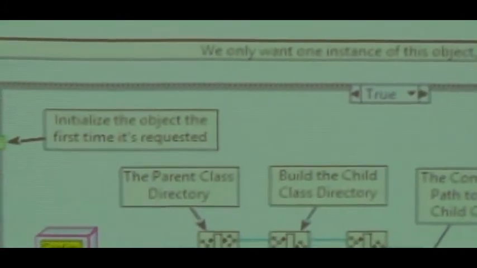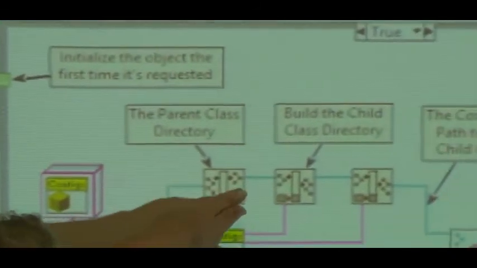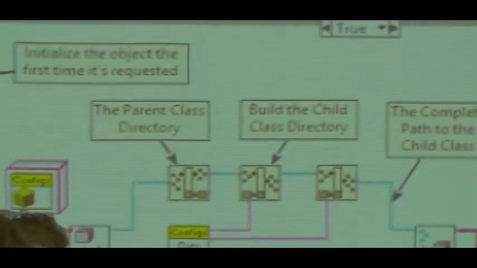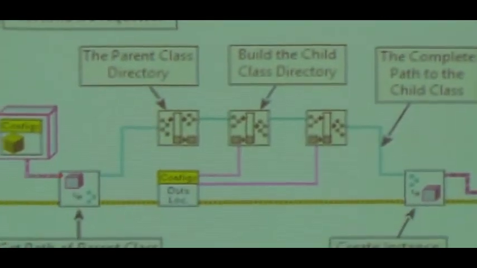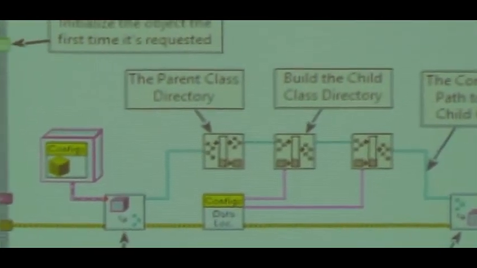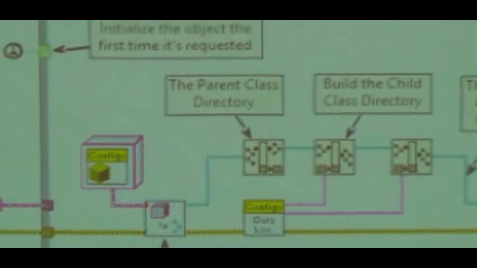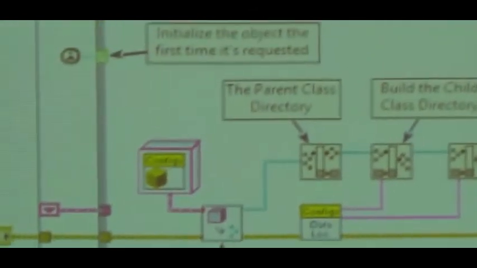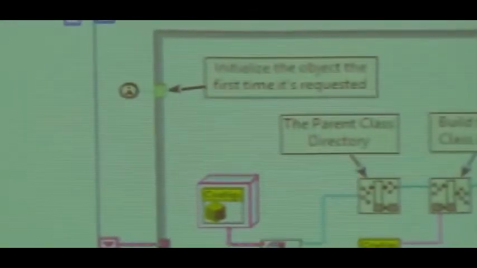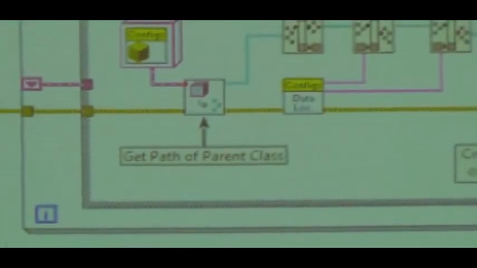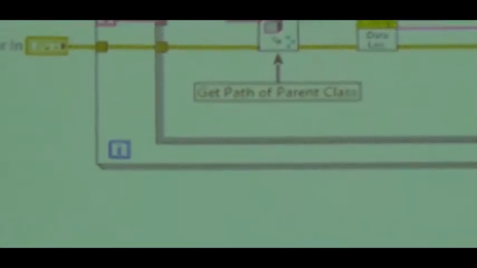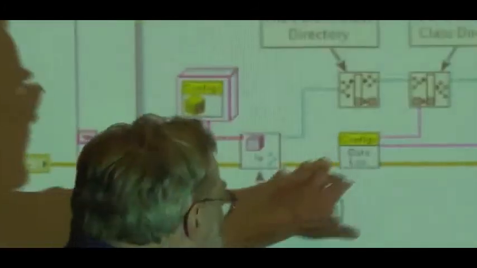So I get the parent class path, and I strip off the name of the class itself, so all I have here is the directory. This function here goes out to my INI file and looks up what class I want to create, which in our case is, do I want to use text, INI, or do I want to use JET? Well, in this case I want to use JET, so it'll return the data associated with that.